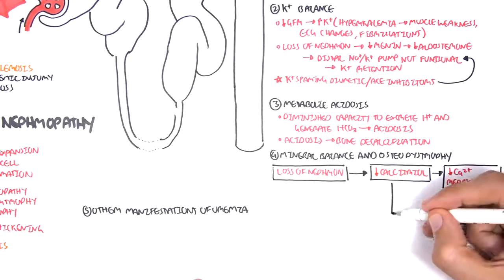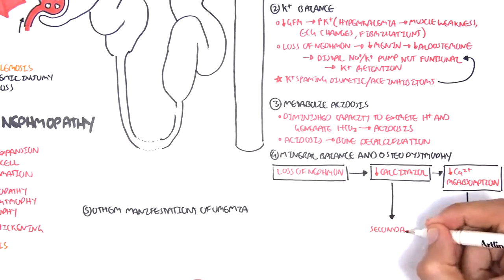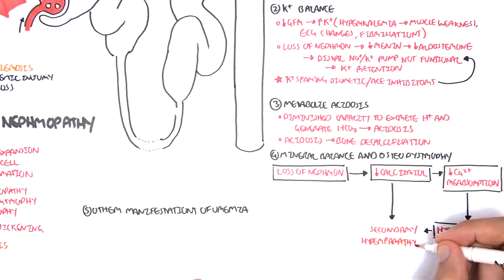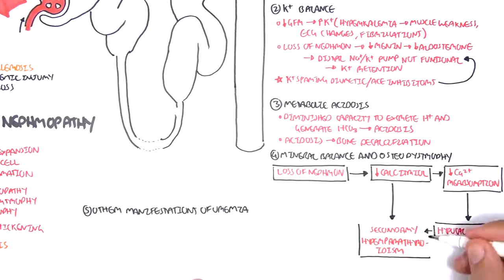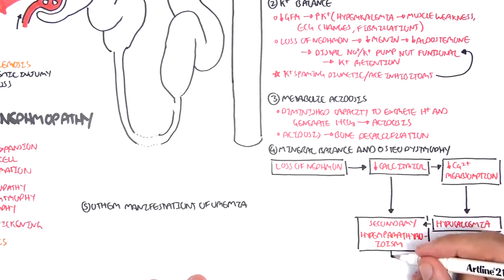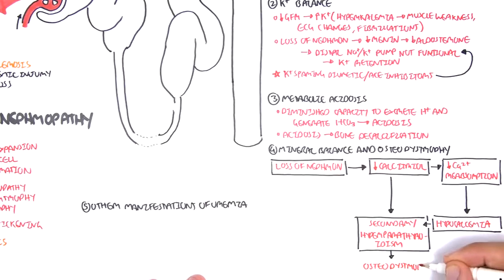Hypocalcemia and a decrease in calcitriol will stimulate the parathyroid glands continuously, and this will lead to secondary hyperparathyroidism. The hyperparathyroidism state leads to osteodystrophy because parathyroid hormone stimulates bone breakdown.